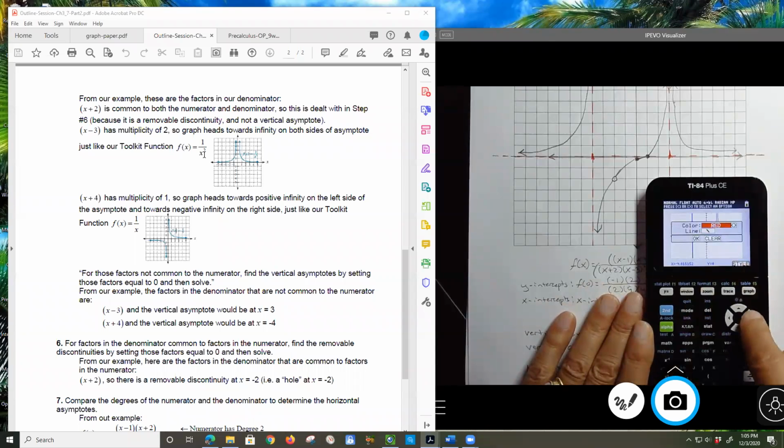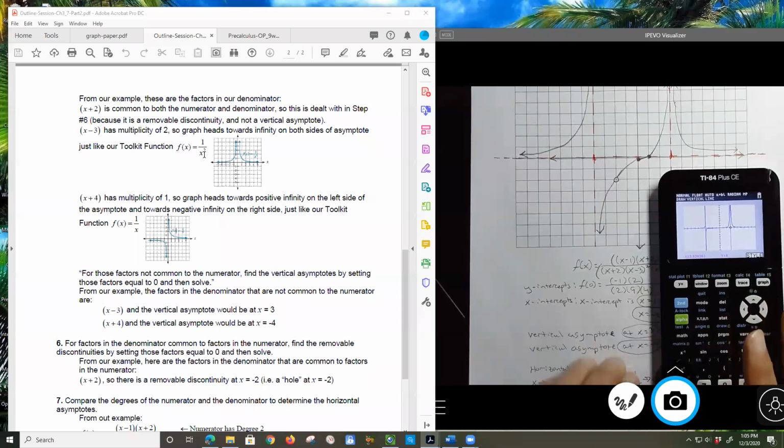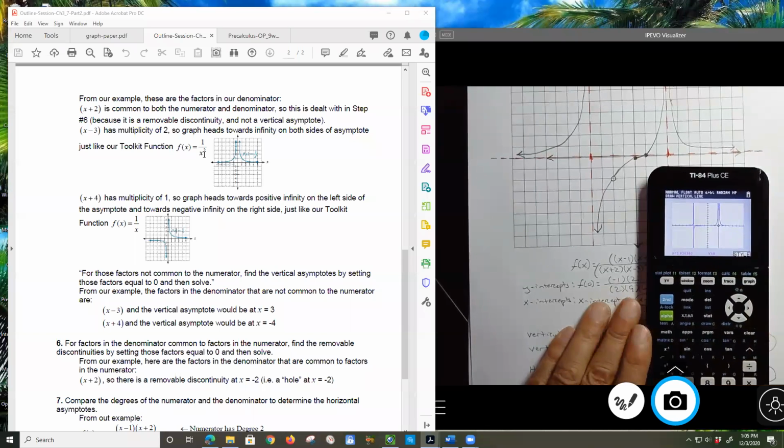I can change the color, red, like, how about magenta? I can hit the down arrow key until I get to OK and hit enter. And then if you want to do another one, you can go over here to the 3 and hit enter.